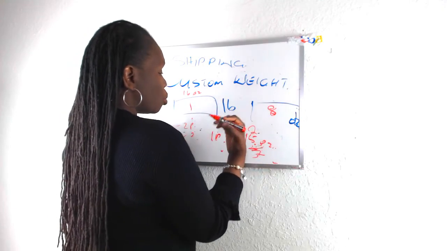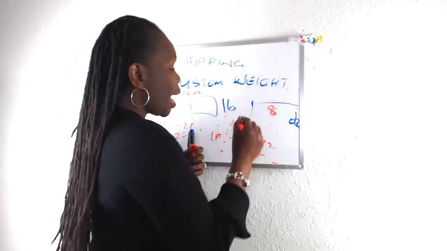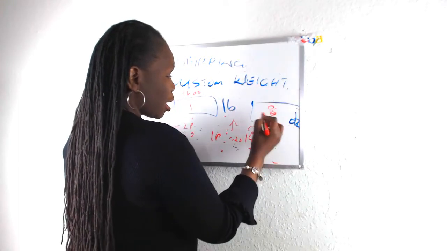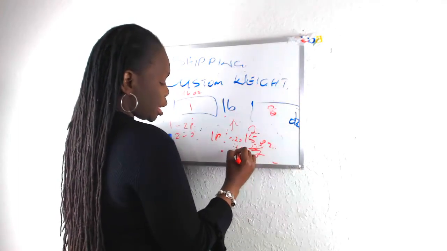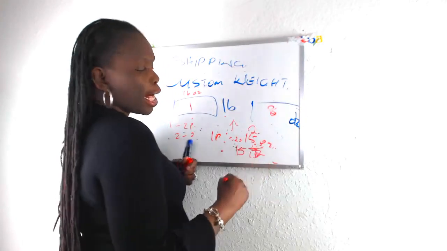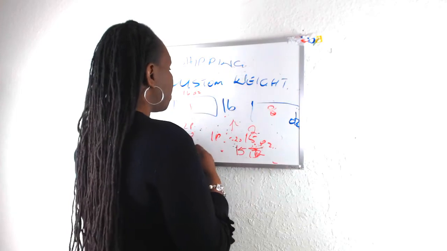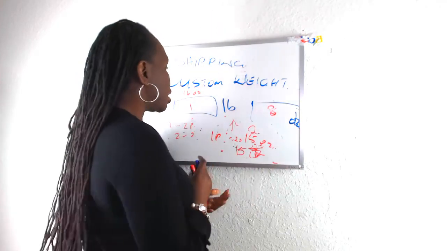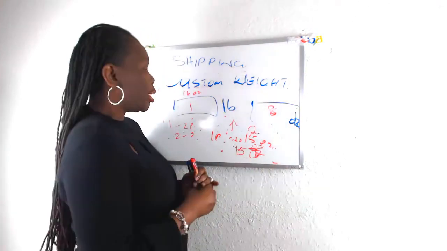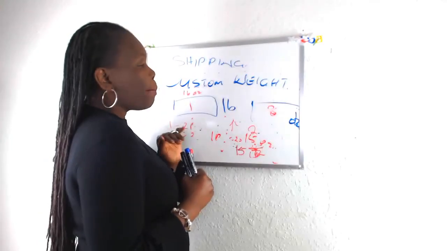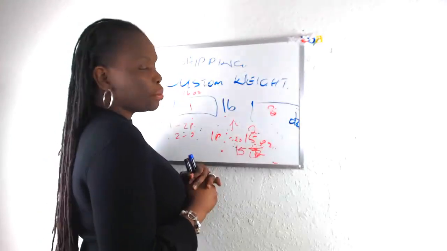So what I always do personally to cover myself, in the ounce box there, I always put 15 or 14 ounces. Then I'll adjust it when I ship; it can be adjusted. That's how you do your shipping. If you have any questions when it comes to shipping, I'll be doing another shipping video.